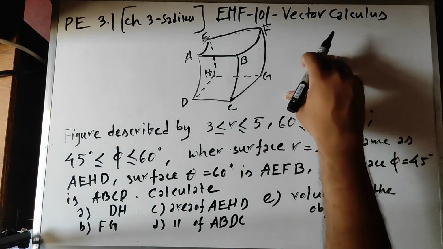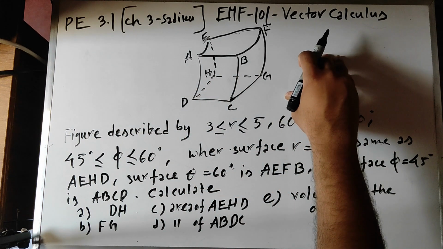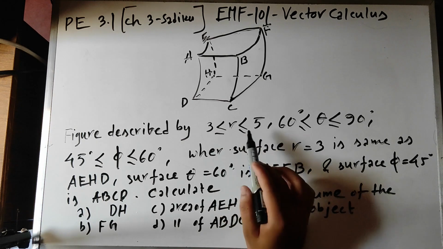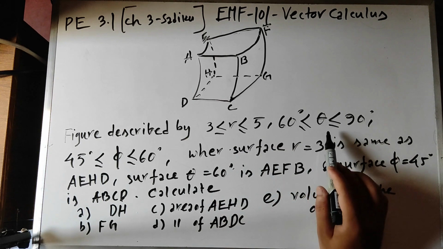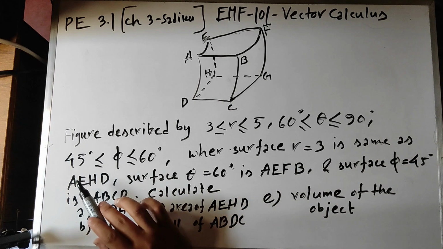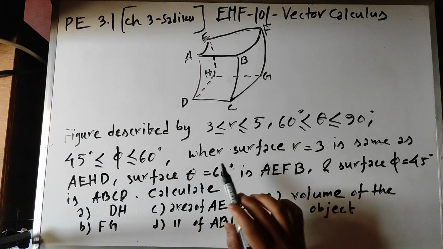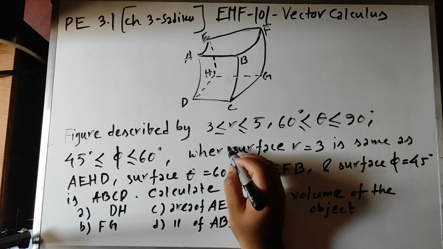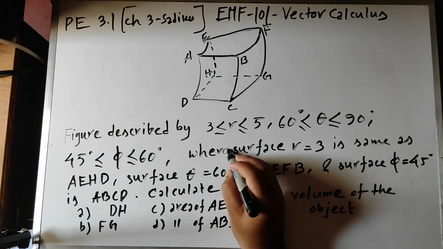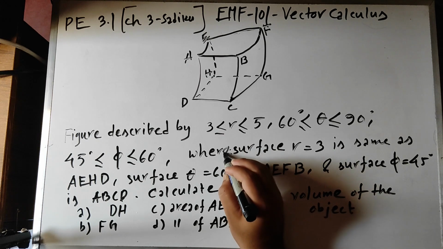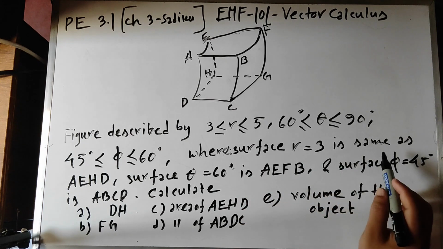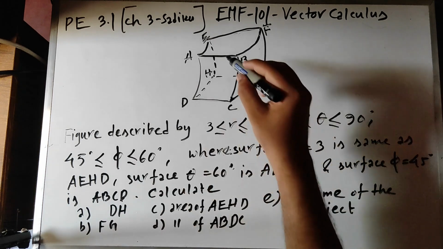Here's a figure of an object which is described by r in this range, theta from 60 to 90 degrees, and phi from 45 to 60 degrees, where surface r equals 3 is the same as AEHD.